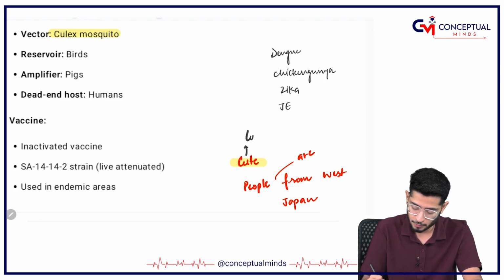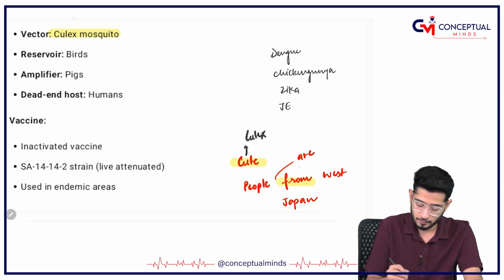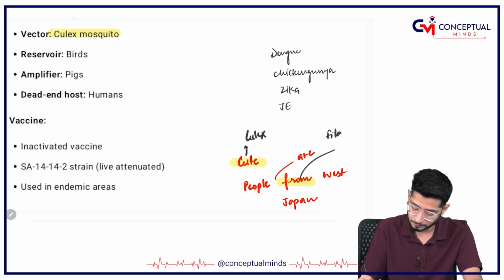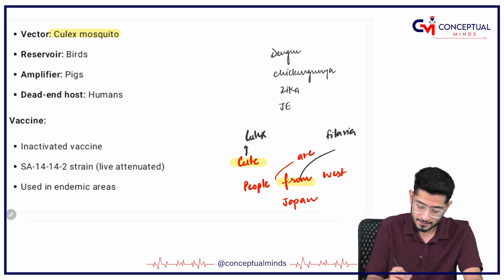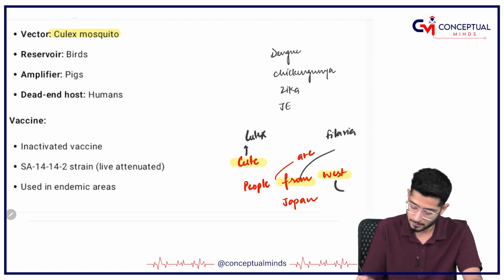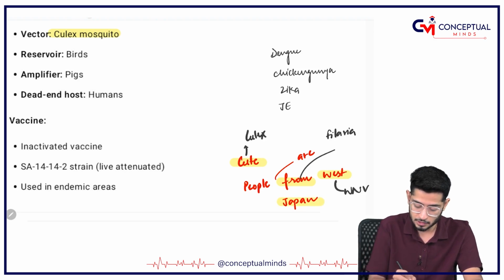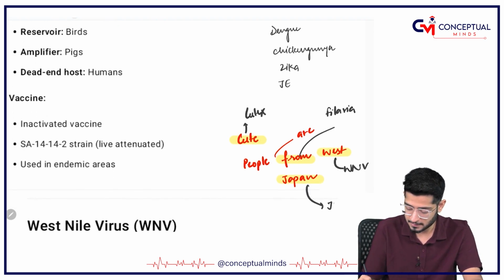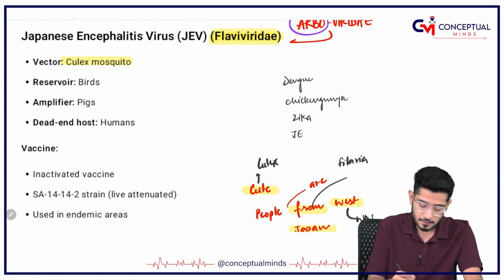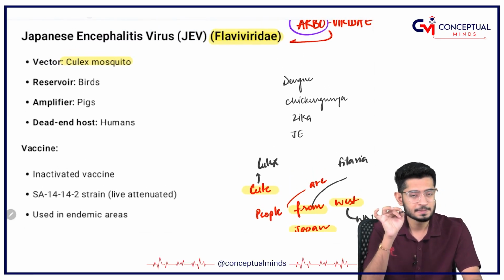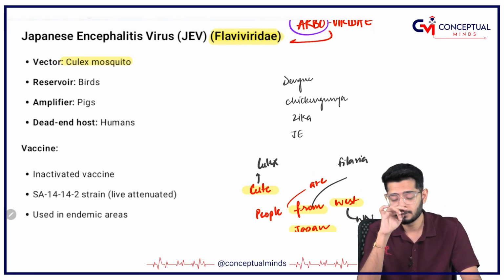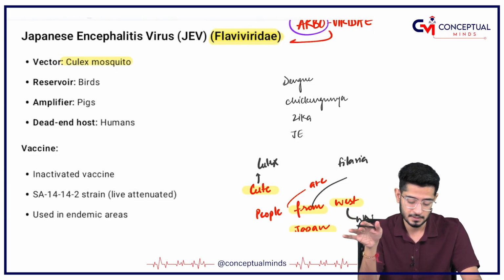People are from F for filariasis. West means West Nile fever or West Nile virus, the next topic of discussion, and Japan means Japanese encephalitis. Okay, so very simple. So Culex mosquito is the one responsible for the spread of Japanese encephalitis virus.